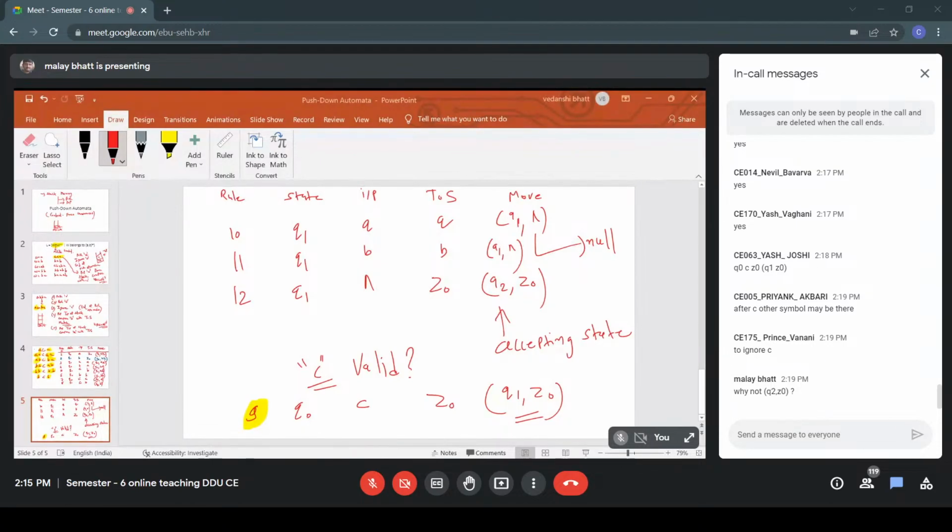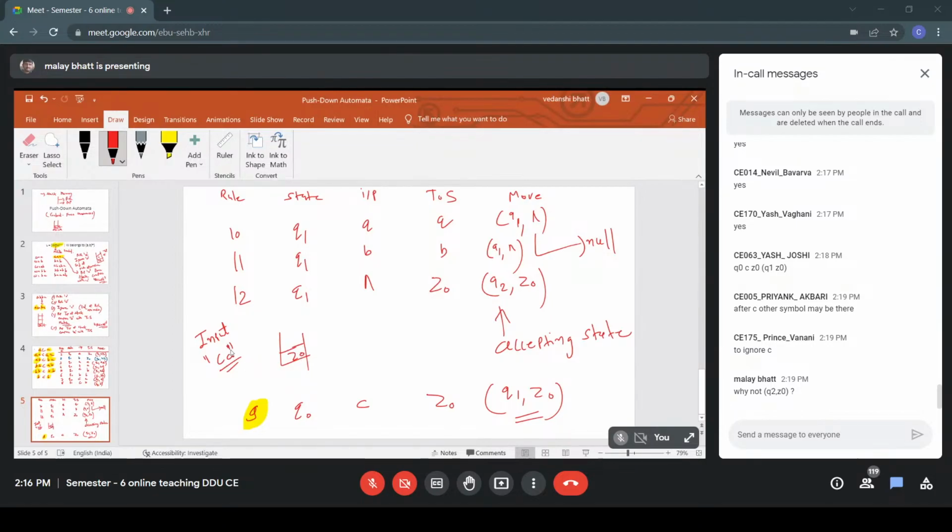If someone gives you invalid input, suppose we want to check for this input. Let us consider the input as CA. It is Z0.